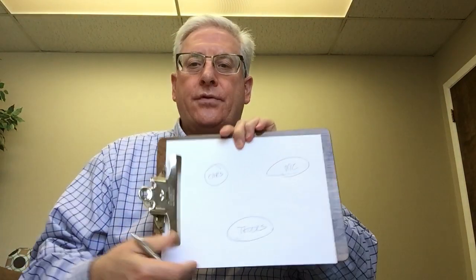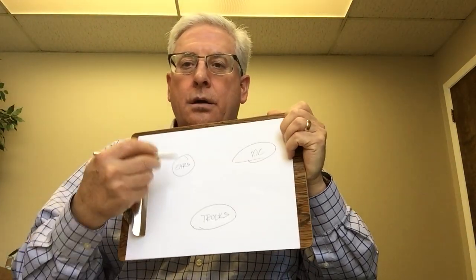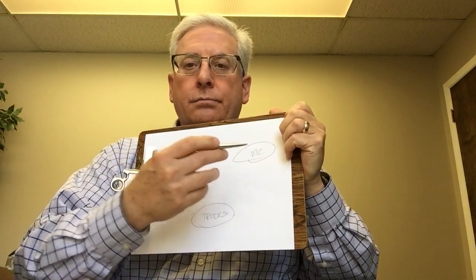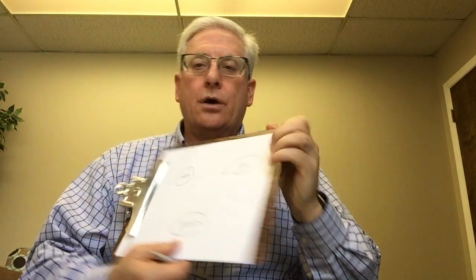There's another way of looking at it. So let's say we have cars, trucks, and motorcycles. Okay? So we have 3 chunks here. Cars, trucks, motorcycles. Now, are there different makes of cars, trucks, and motorcycles?